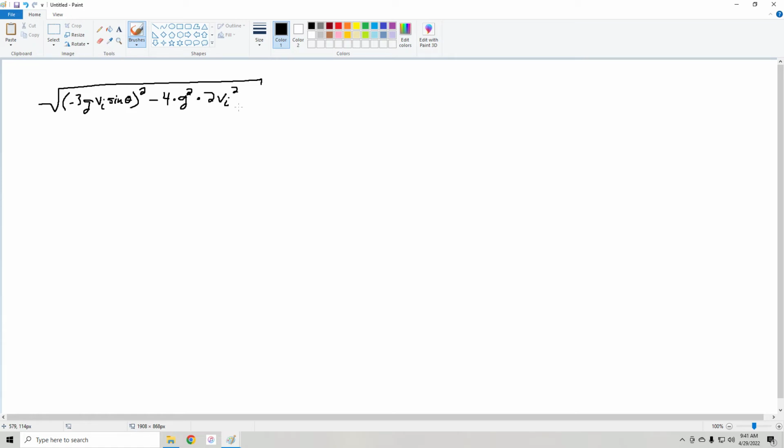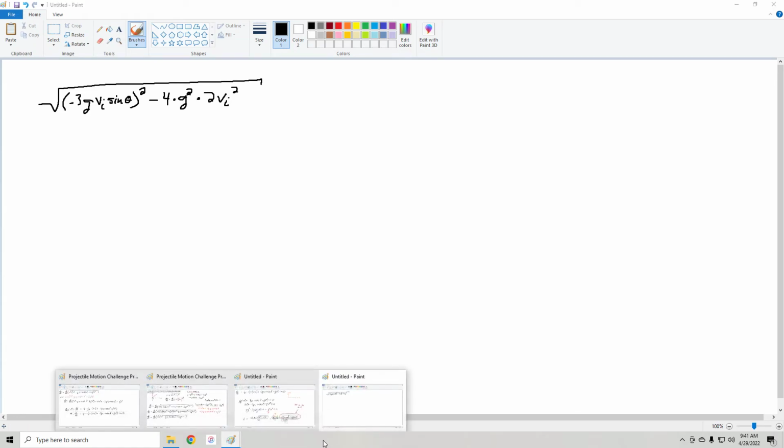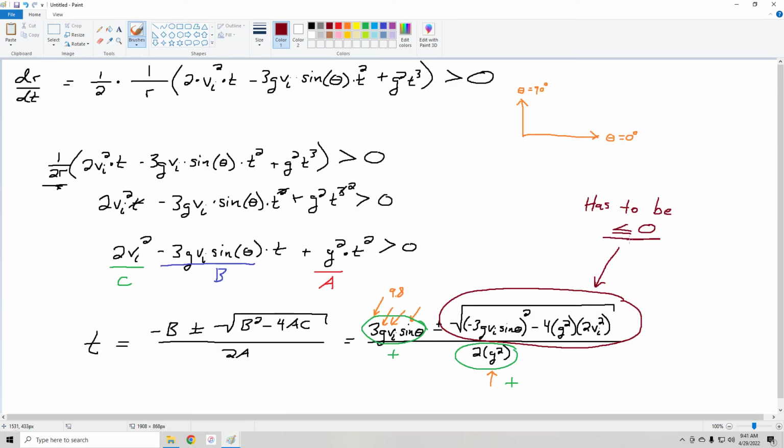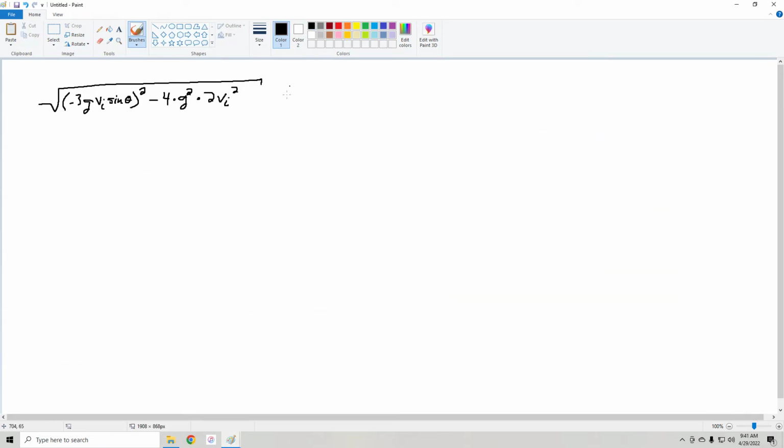And we said this discriminant, this part that we're focusing on specifically, has to be less than or equal to 0. Now we can finally get to an angle and solve the whole problem.